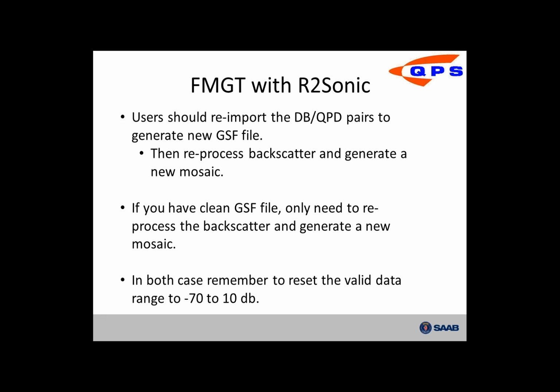In both situations, you have to remember to reset the valid data range to -70 to 10 dB. If you're working with R2 Sonic data, be aware of these changes and fixes. You have to go back and generate these new GSF files, as well as make sure to remove that offset that may have been put in there.